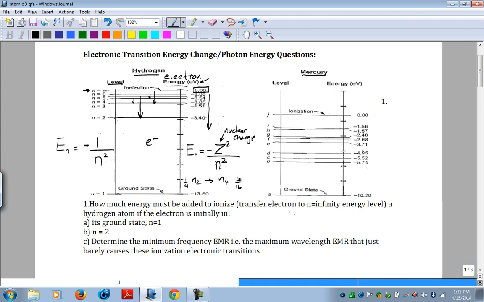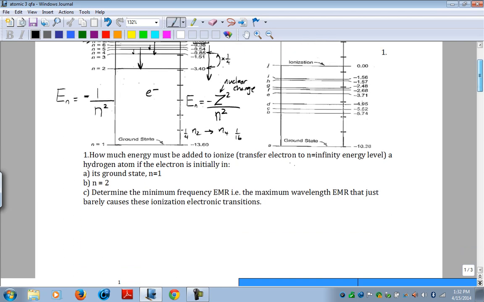There should be 1/4 as much energy of that electron in magnitude, or at least the number should be 1/4 as large. And if you compare 0.85 with 3.40, there is a 1/4 difference. Okay, so that's the mathematical formula for the energy of an electron in a given level n.